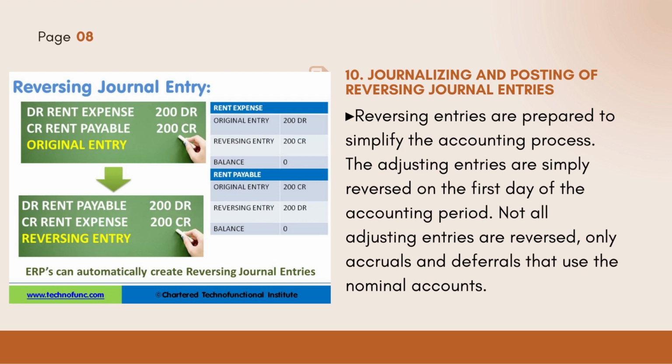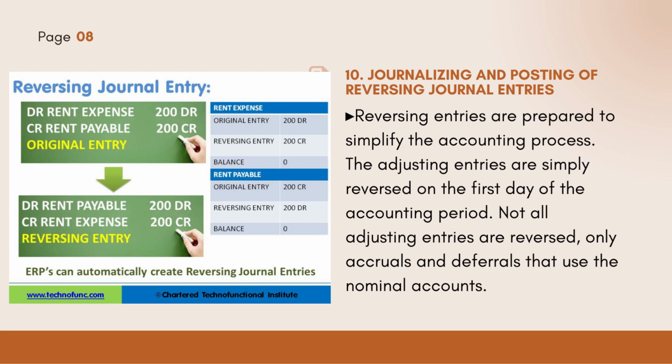For example, if an adjusting entry was made to debit rent expense and credit accrued rent payable, the reversing entry should be: the credit is the rent expense, the debit is accrued rent payable.